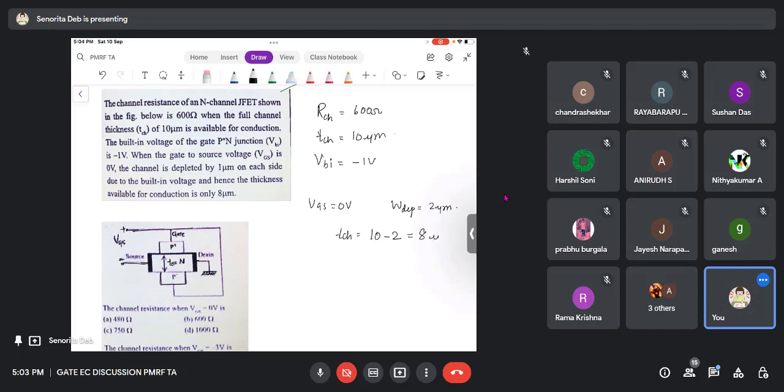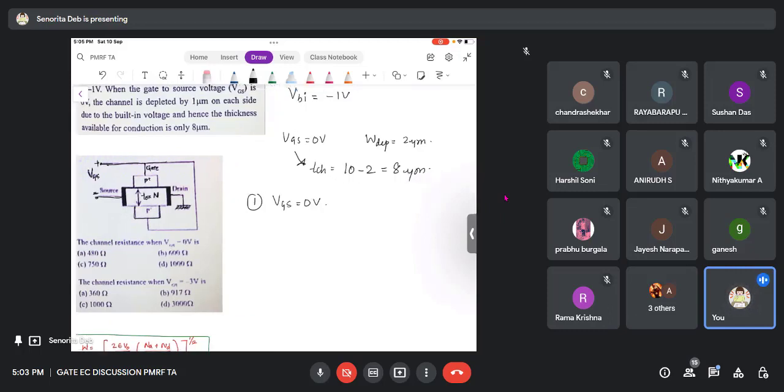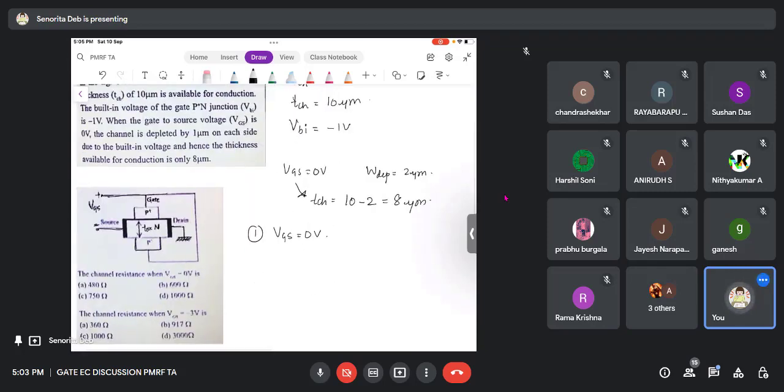The first question is the channel resistance. Find the channel resistance when VGS is 0 volt. So at VGS 0 volt, they have told you what Tox is, and what is happening to the channel's thickness. So TCH, not Tox, TCH, right? Now, how is the resistance related to the channel's thickness?